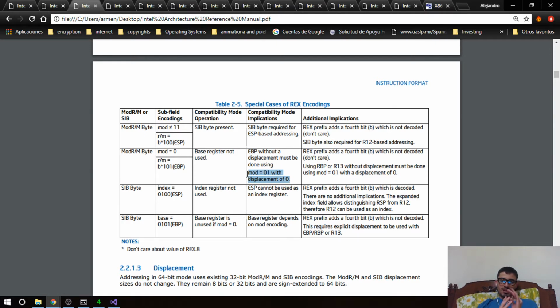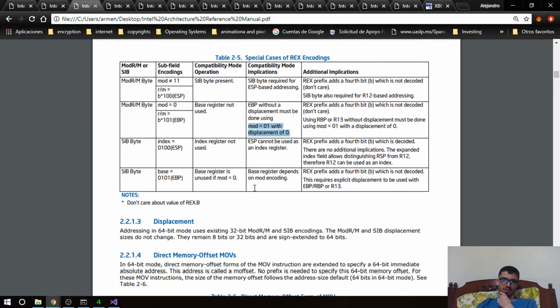Then we say REX prefix adds a 4th bit B which is not decoded, don't care, using RBP or R13 without displacement. It's just the same thing there. RBP or R13 without displacement must be done using mod 01 with displacement of 0. That's something we found there.